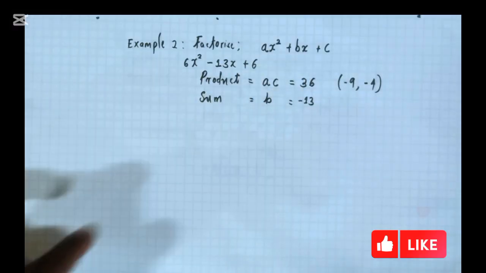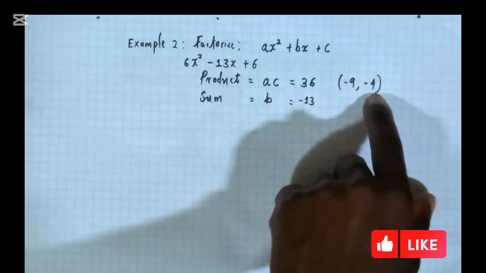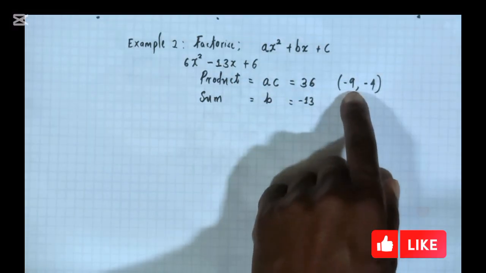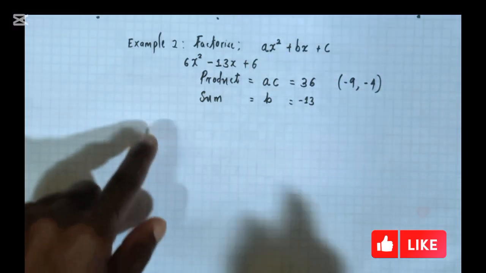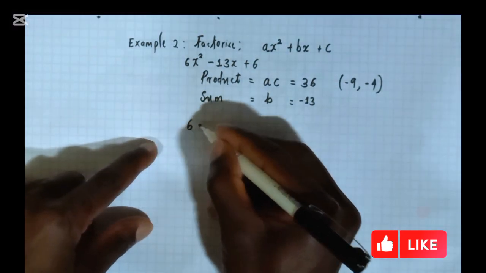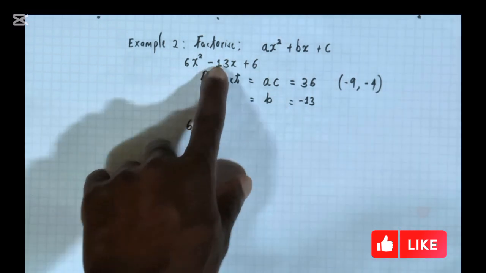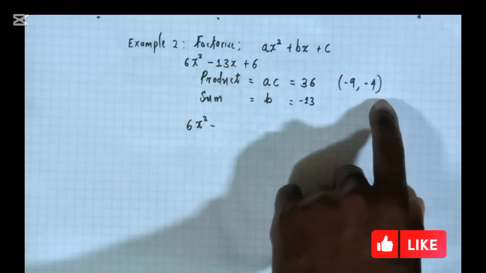So we are going to then write our quadratic expression using the two numbers, that is negative 9 and negative 4. So in place of b, we will have negative 9x and negative 4x. So basically that's going to give us 6x squared minus. When we are writing b, we will write it in terms of these two numbers.